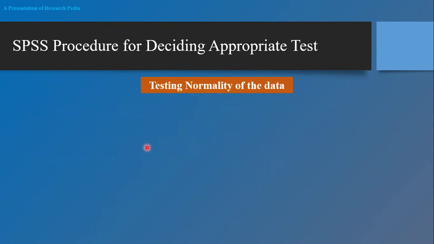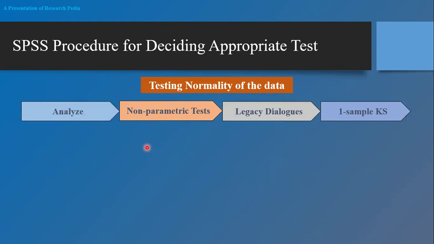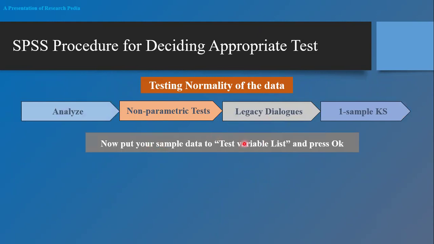So what is the procedure that we are going to follow? First of all, we need to test the normality of the data. Go to Analyze, go to Nonparametric Tests, go to Legacy Dialogs, and go to One-Sample KS. So I need to put the sample data into the test variable list and press OK.